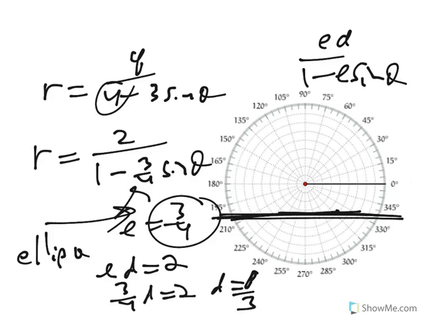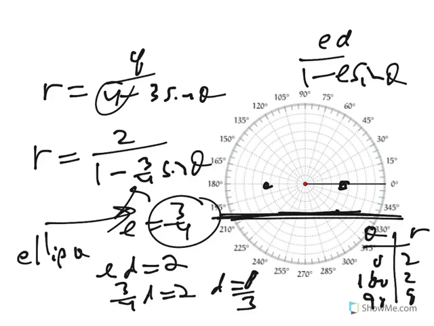So now that I know all that stuff, when I make my little chart, theta, r, we get 0, 2, which is here, and we get 180, 2, which is over here. But when we put in 90, we actually get 8.